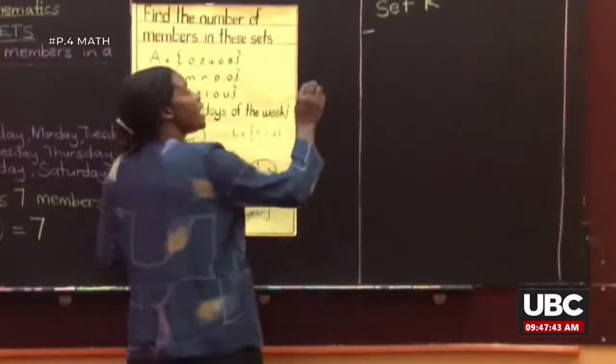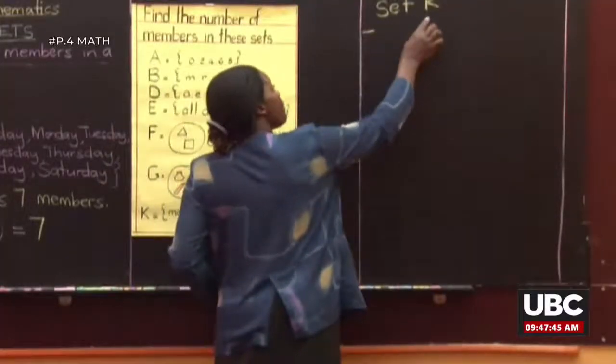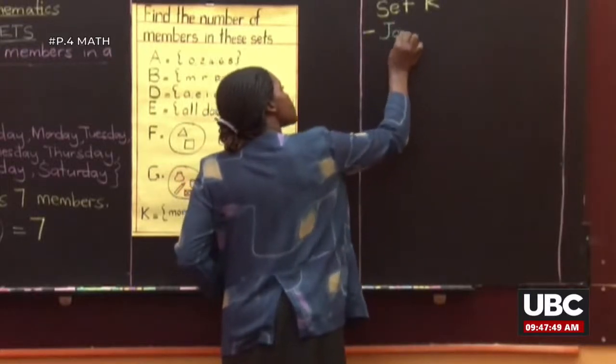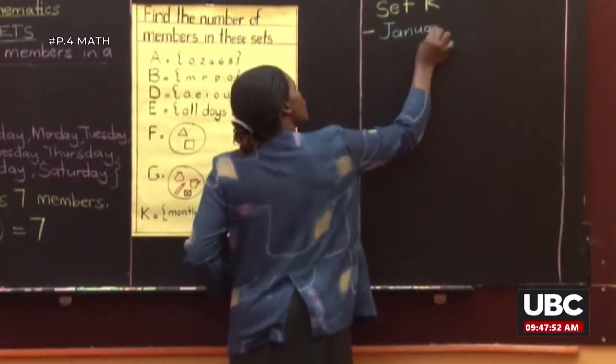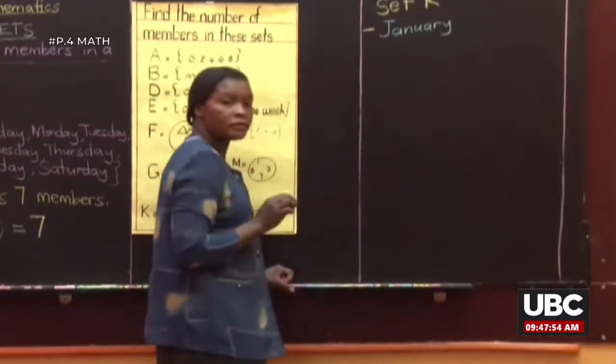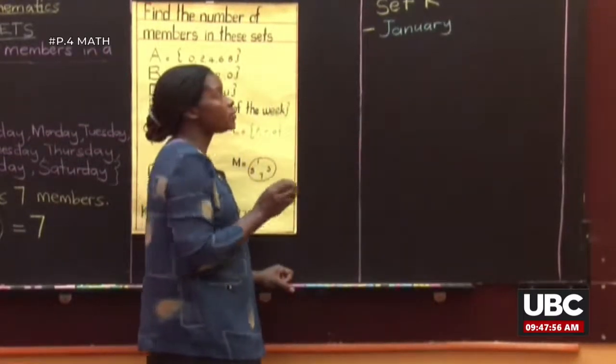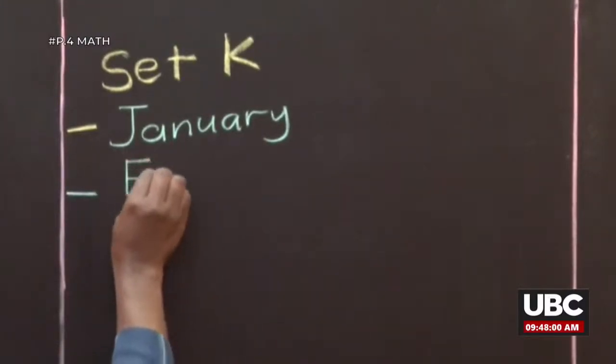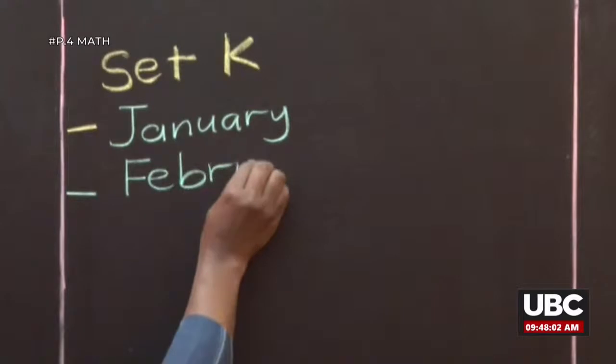So here we are just listing down members of set K, the first one being January. That is the first one. The second month being February.